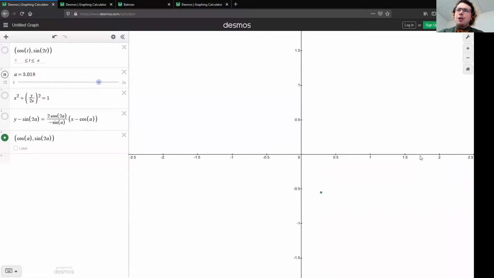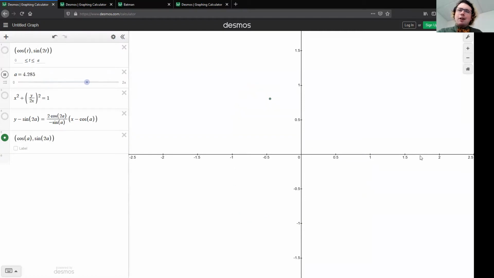I would like to know, how can I describe the coordinates that this point has? And the coordinates change over time, right? So this is repeating itself. It is some sort of periodic thing.